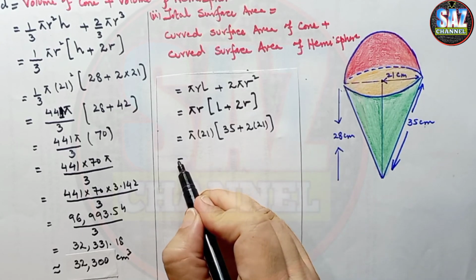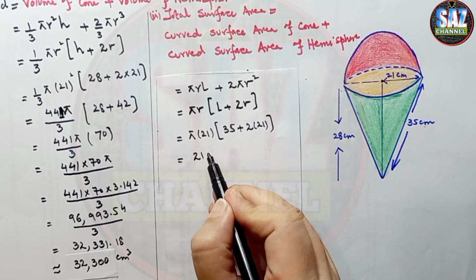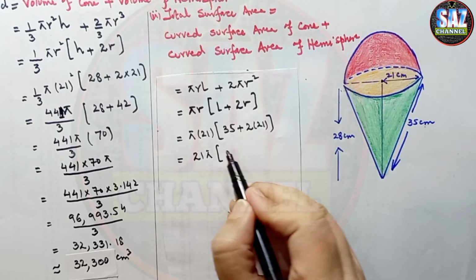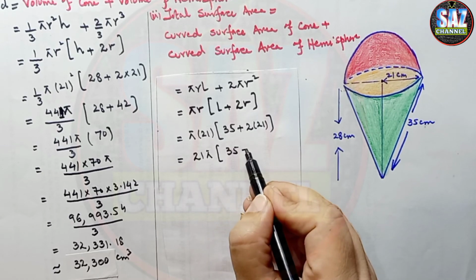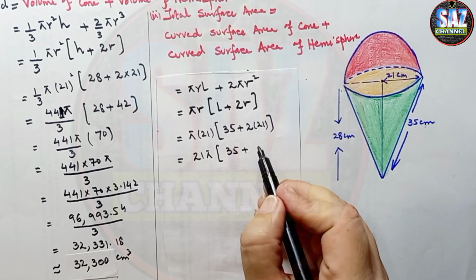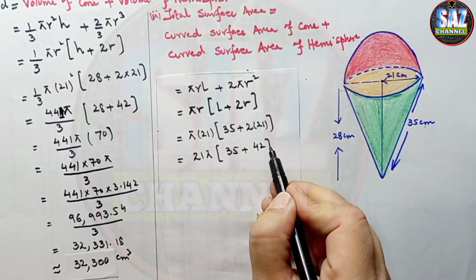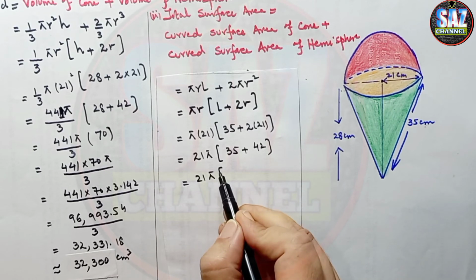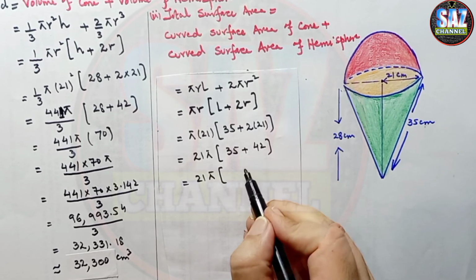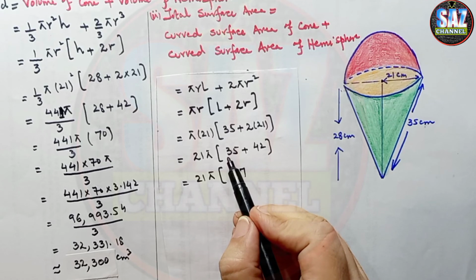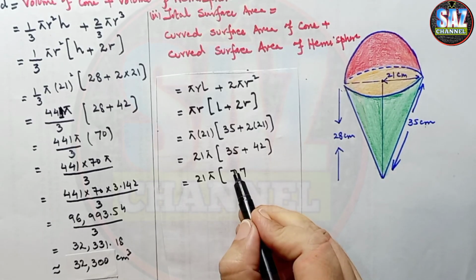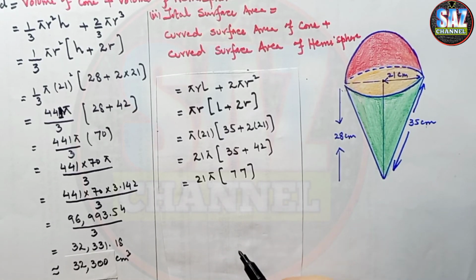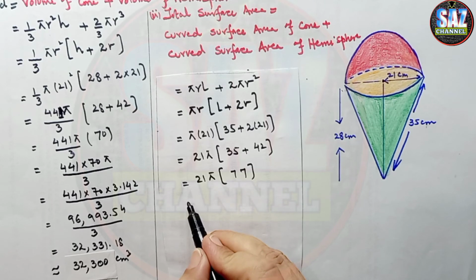Okay, now I can write it 21 pi 35 plus 21 multiplied by 2 is 42, and this can be written in the form 21 pi 77. 5 plus 2 is 7, and 3 plus 4 is 7. Okay, let me confirm the calculation. 35 plus 42, and this gives me 77.